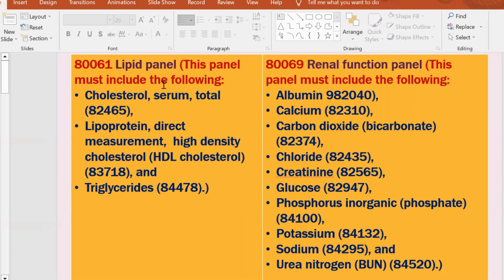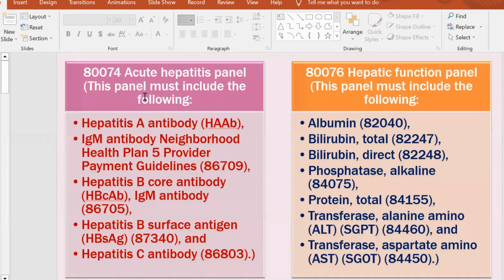But if the patient has done total serum cholesterol, HDL cholesterol, and triglyceride, then we report only 80,061, not 82,465, 83,718, and 84478. Then the renal function panel is 80,069. Now 80,074 is the acute hepatitis panel. The hepatic function panel is 80,076.